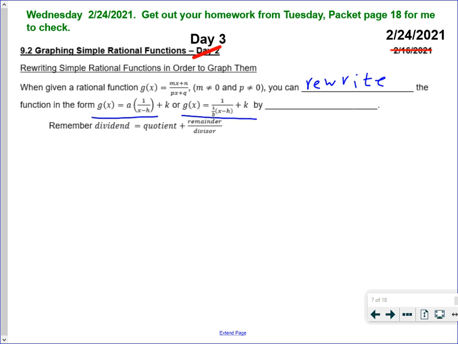Those are the two g of x's we've been using in the past few videos and the past few sections to actually graph them out and to figure out a domain and range. And we can rewrite the first g of x into these latter two g of x's by long division. So you use long division to transform a function in this form into one of the two functions underneath.